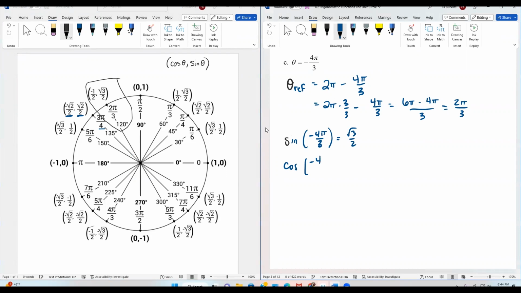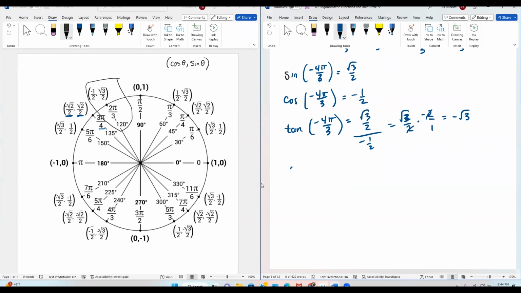The cosine of negative 4 pi over 3 is equal to the x component. The tangent of negative 4 pi over 3 is y over x. So that's root 3 over 2 divided by negative 1/2. Of course, we have to flip and multiply. The 2's cancel, and I get negative root 3 for that.